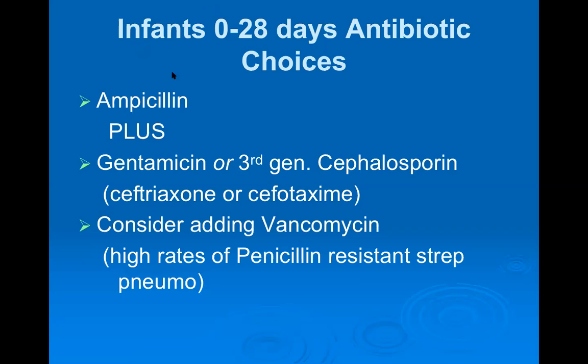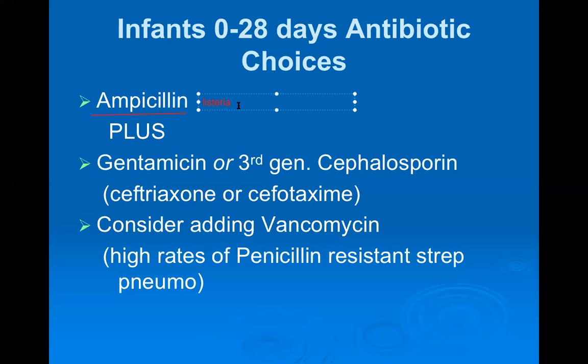One of the choices has to be ampicillin. This ampicillin is given to cover Listeria. Listeria monocytogenes is covered by ampicillin. So never forget this. Listeria is one of the common pathogens in neonatal age.